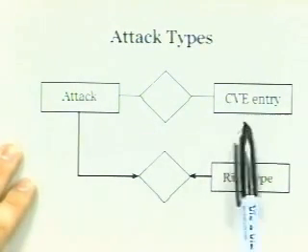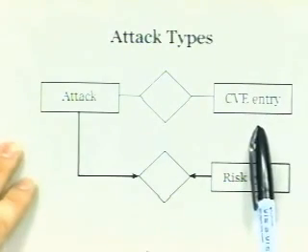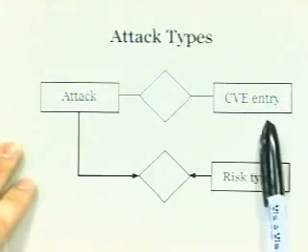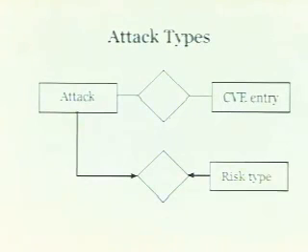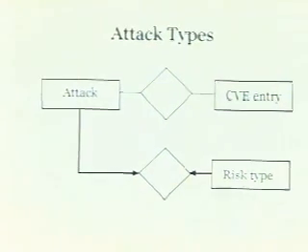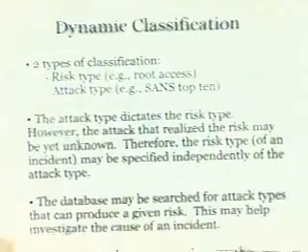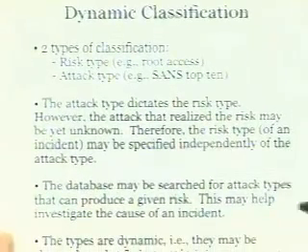And the attack may correspond to several CVE entries. This is an attack type. Some of the entries in the SANS top 10 have more than a dozen related CVE entries, so vulnerabilities that can result in that. So the attack type dictates the risk type.